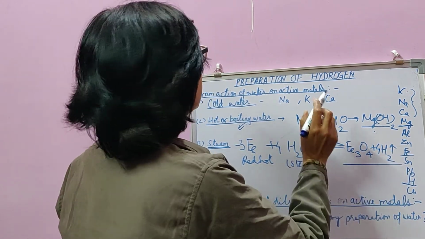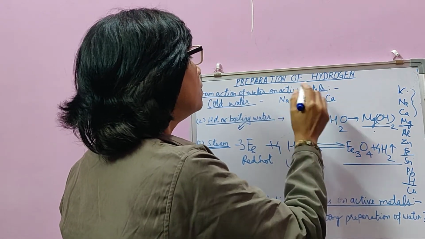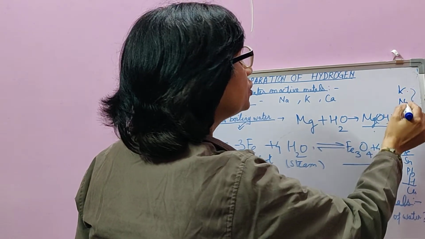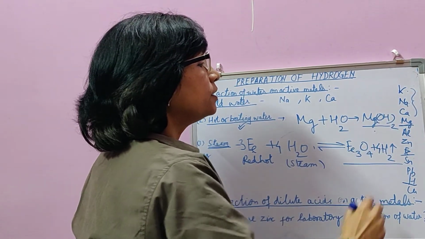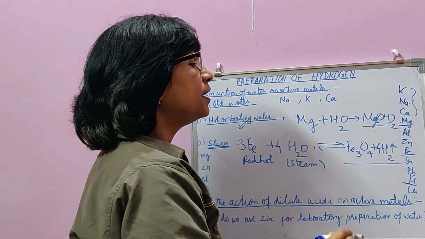This is the method of formation of hydrogen by displacement from water with the help of active metals: sodium, potassium and calcium with cold water, magnesium with boiling water, then magnesium, aluminium, zinc and iron from steam as well.